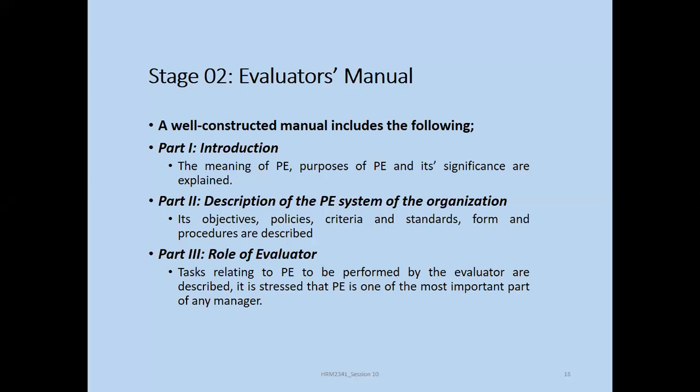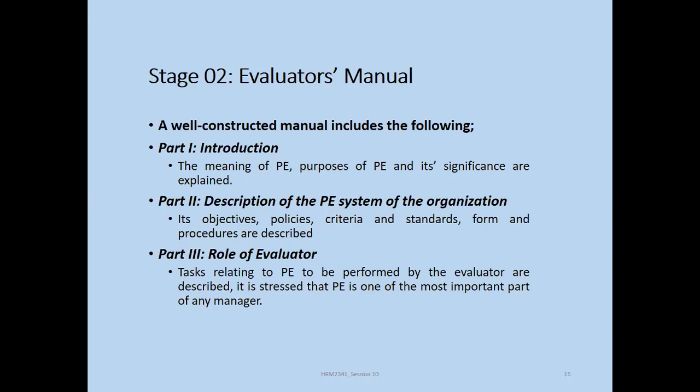Part 3, we can allocate to explain the role of evaluators, because this is the evaluators manual. This part is essential. Tasks relating to the performance evaluation. Performance evaluation is not just filling the performance evaluation form.